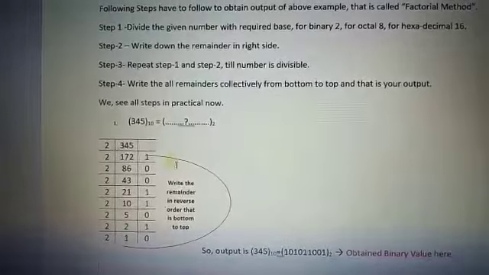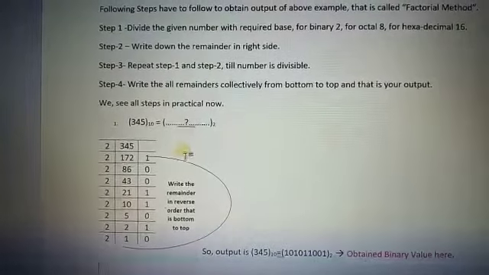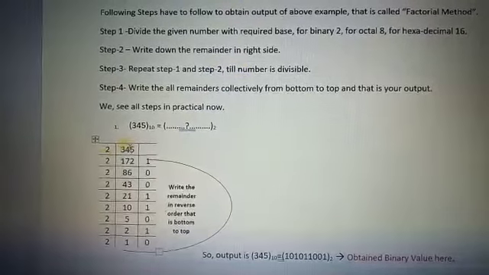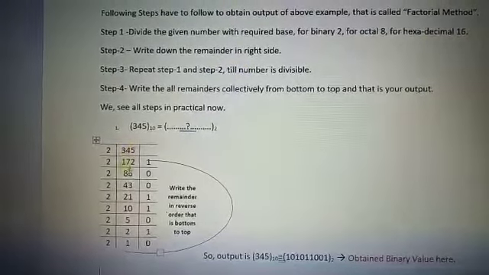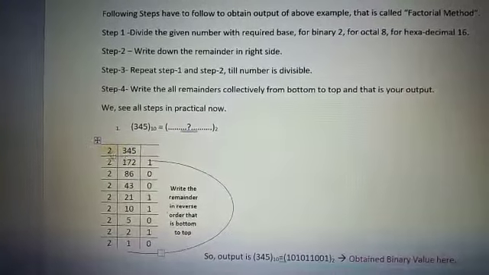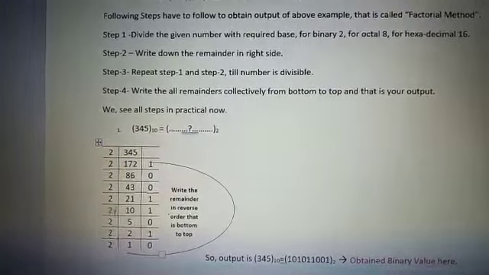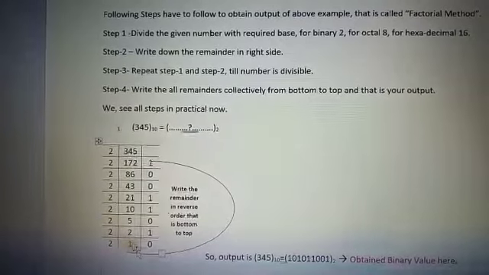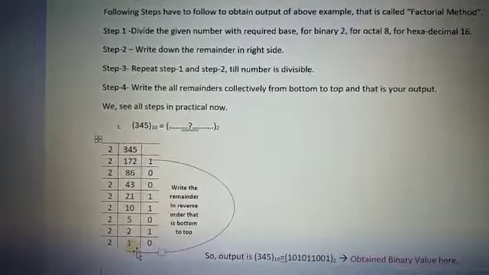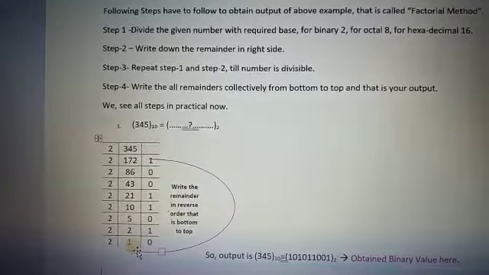This is the simple process. You can find it in the example here, where all the steps are written. Here the value is 345, and we obtain the binary value first, so we divide 345 by 2 and perform the division till the number can no longer be divided.